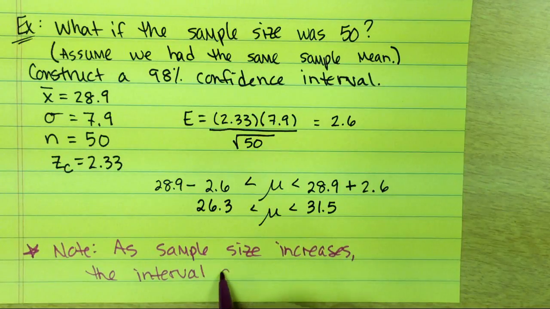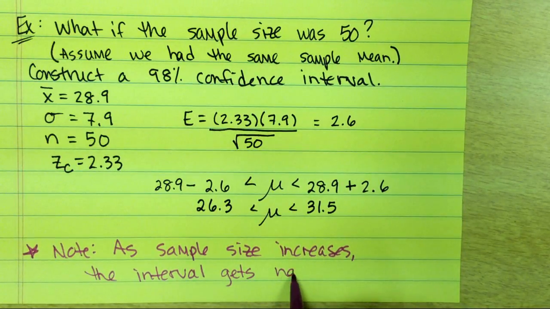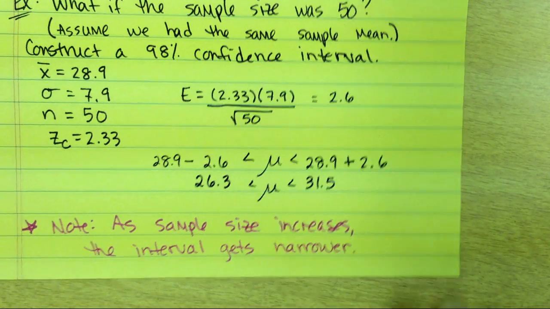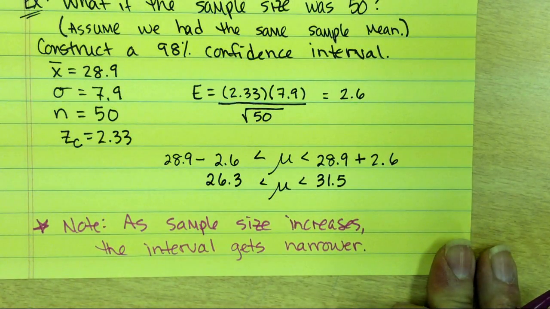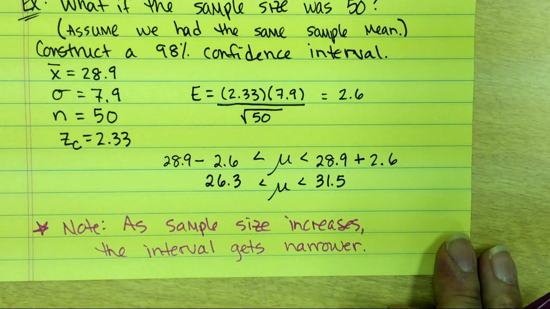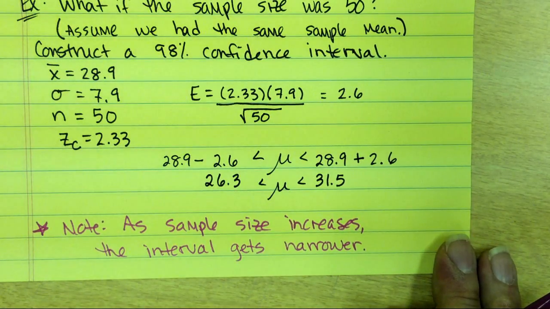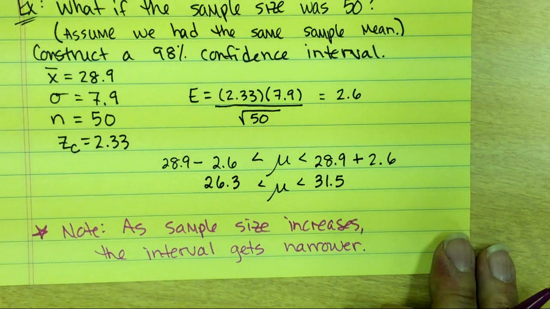The interval gets narrower. So the higher our sample size, the more specific our confidence interval is going to be, which is a good thing. The narrower your confidence interval is, the less wiggle room you have in saying where the mean is, so the better approximation you have.